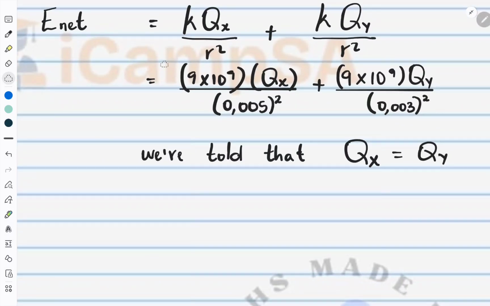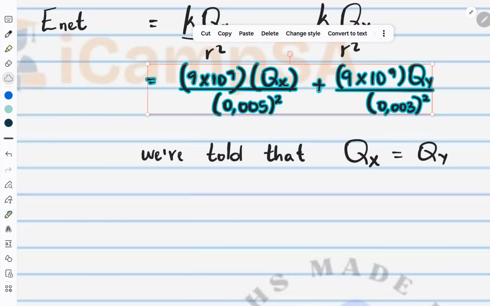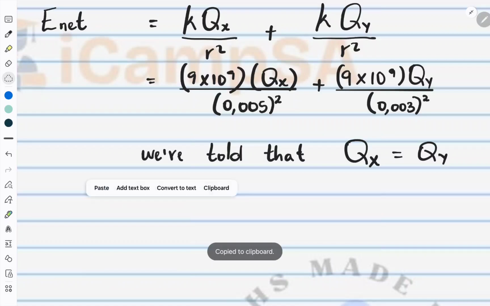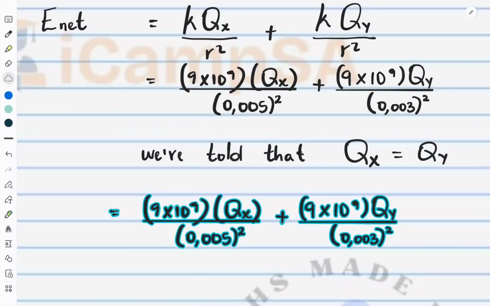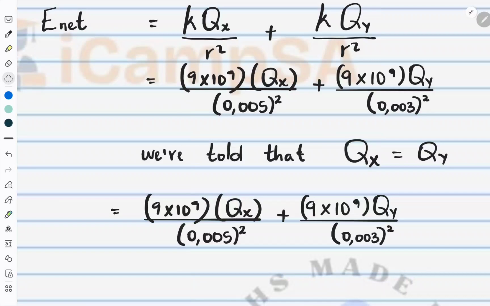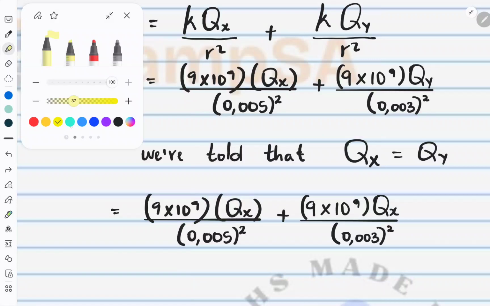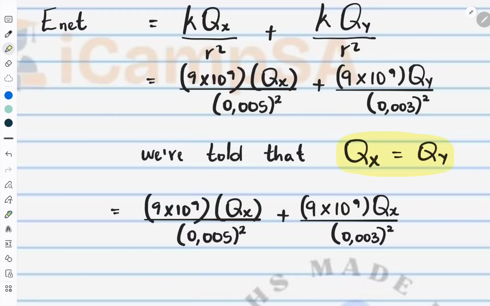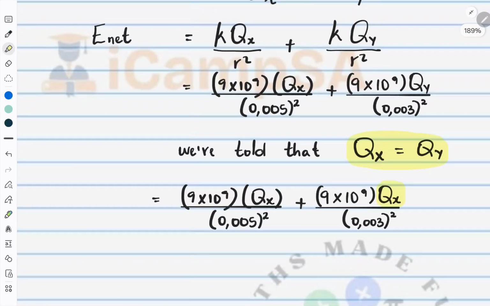So at this point, we can take this, and now we can have QX here as well. So this yellow is fine. This I did here. Right, do you get it?